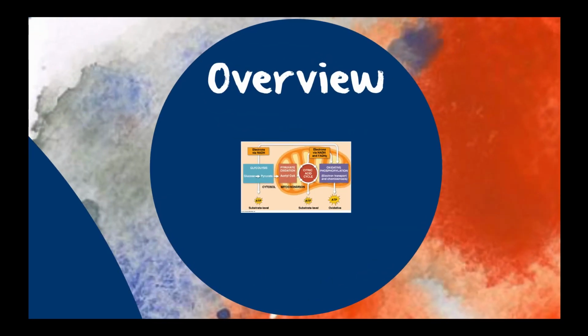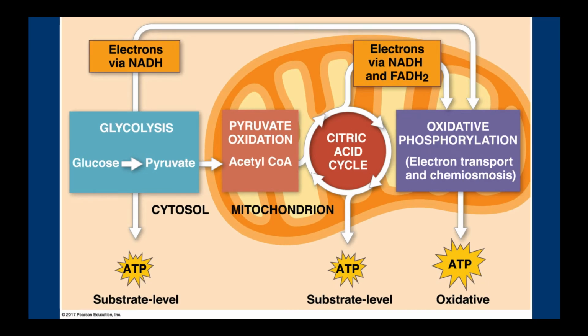So if we want to just overview what's going on in cellular respiration, as I mentioned earlier, it's a metabolic pathway, and it's going to take us through various areas of the cell. We're going to start out in the cytoplasm, and that's where we can conceptualize cellular respiration into 3 major phases, starting with glycolysis.